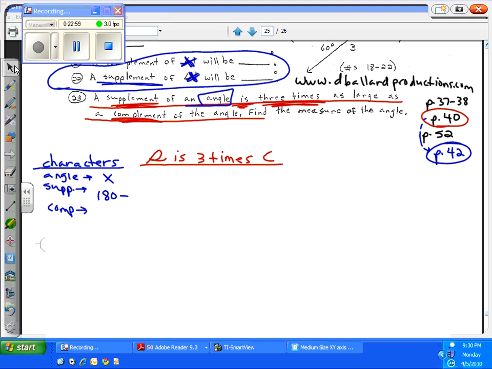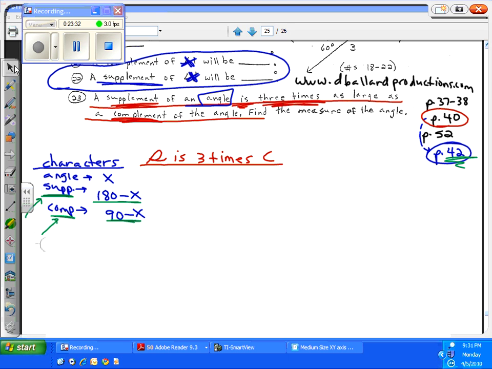If we let the angle be x, then to find a supplement, we do what we just did a while ago. We subtract the angle from 180 and we have its supplement. To find its complement, we subtract the angle from 90 and we have its complement. And now all of a sudden, we have 2 different characters, but they've been assigned in terms of the same variable.